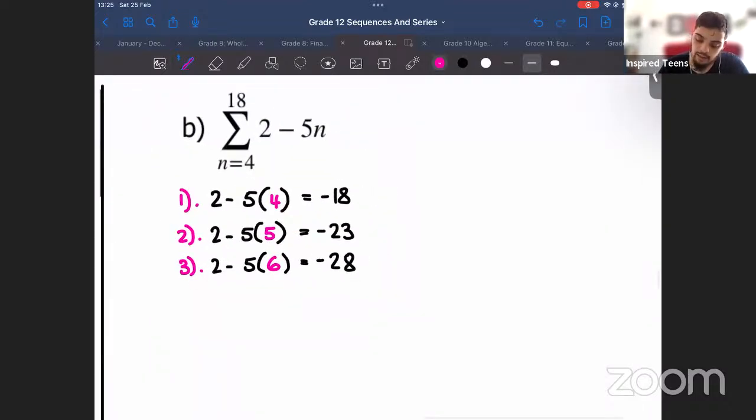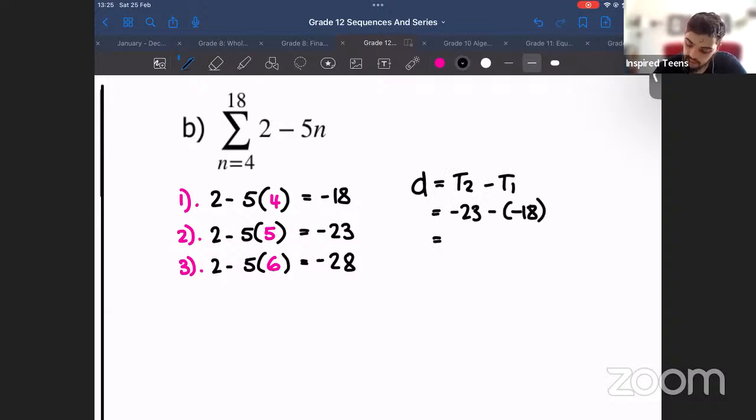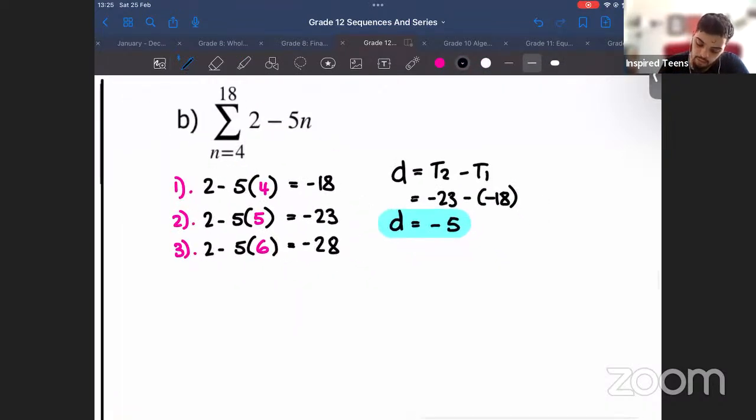Okay, so now we can calculate D, remember arithmetic? T2 minus T1, which is equal to negative 23 minus negative 18, which is equal to -5. So we know that the difference is -5. Then we can talk about A, which we know A is equal to -18.